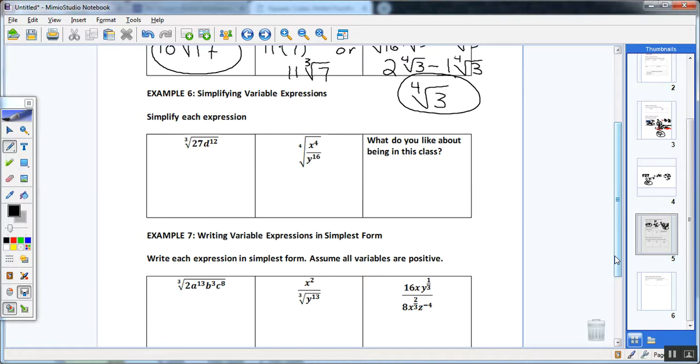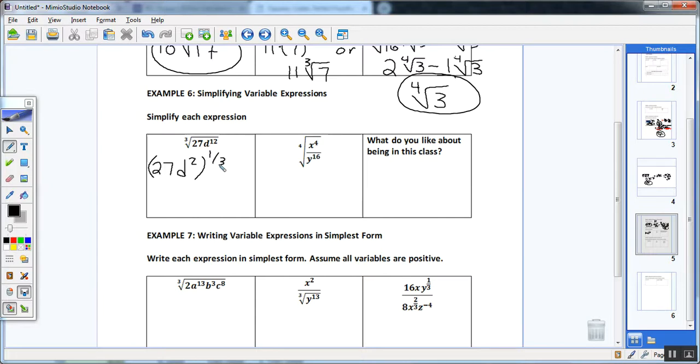If I had to change the third root to a rational exponent, taking the third root of something is taking it to what power, really? The 1/3 power. So what I can say here, kids, to simplify stuff like this is say, all right, well, this is really 27d to the 12th, all to what power, kids? Well, 1/3. And what this becomes is a product of a power.